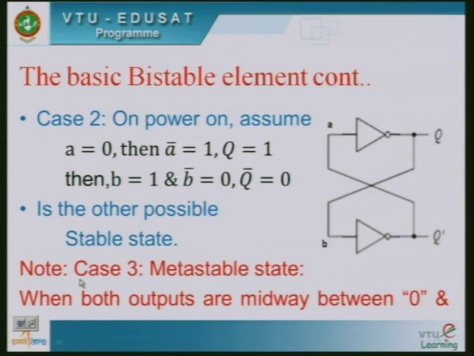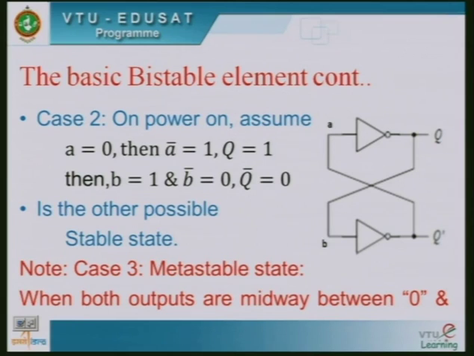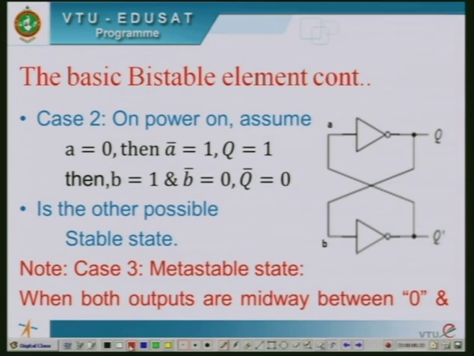The next state is this one with A 0. On power on, A starts off with 0. Then A bar, which is nothing but this position Q, that is what I have called A bar here, will become 1. Whenever this becomes 1, the same value is coming to this B, and Q bar becomes 0.